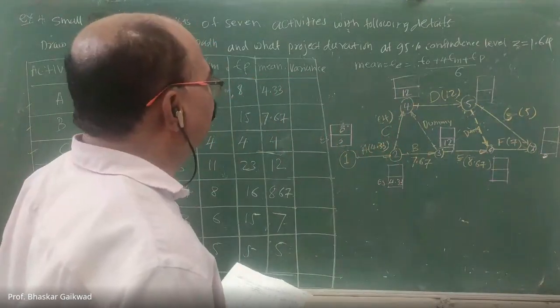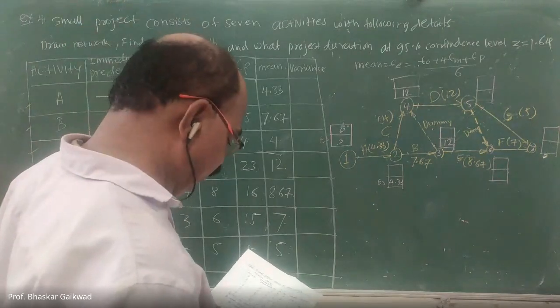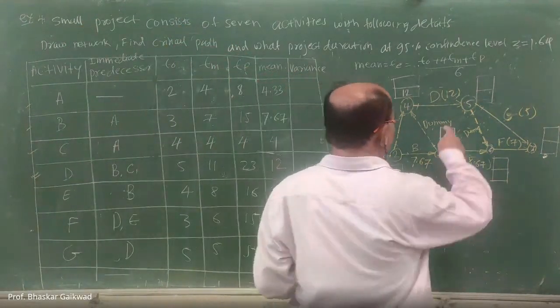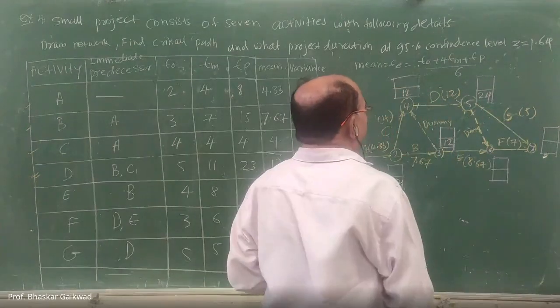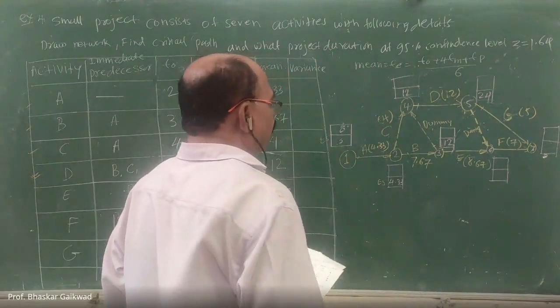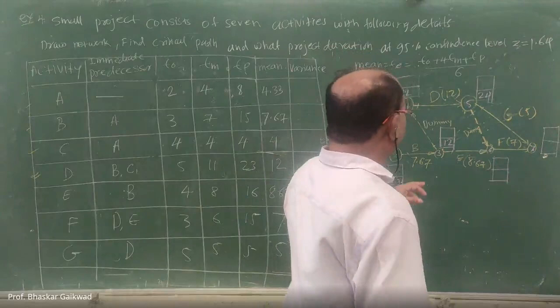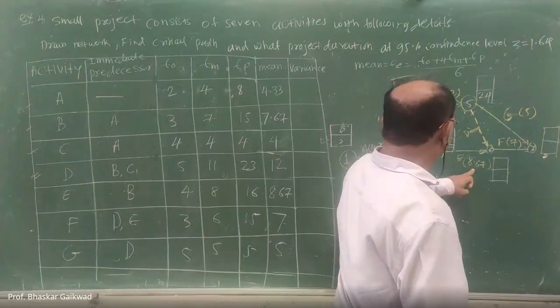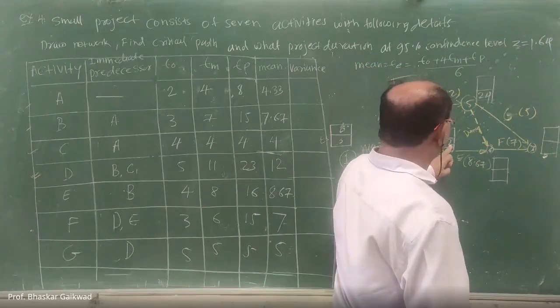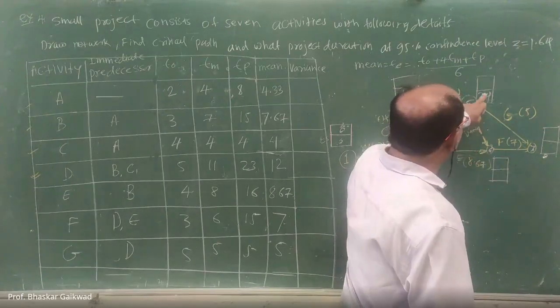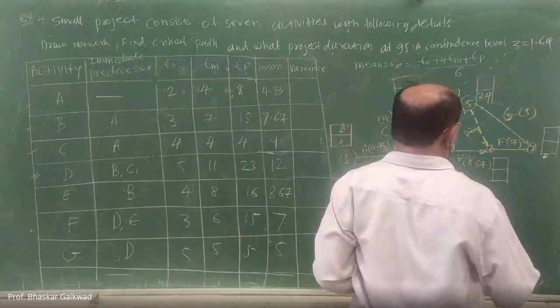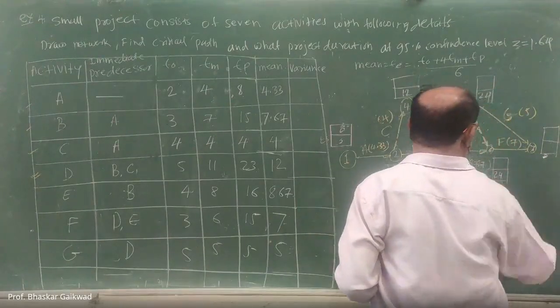Now node 5, from 4 to 5, 12 plus 12, this is 24. 5 to 6, again 2 activities there, the dummy activity and this activity, which is the maximum. So 12 plus 8, 20, plus 7, and here it is 24, maximum value is 24.